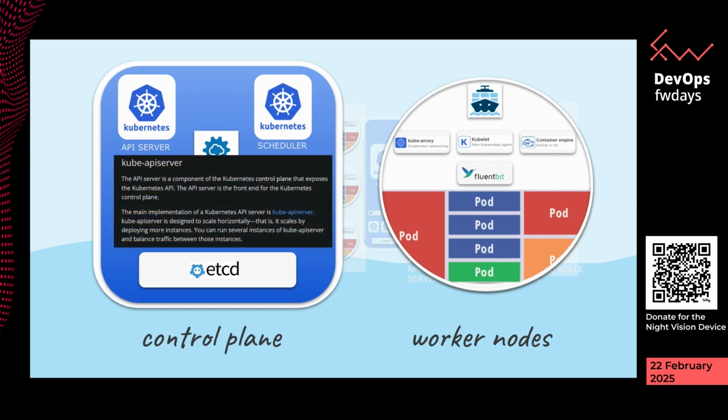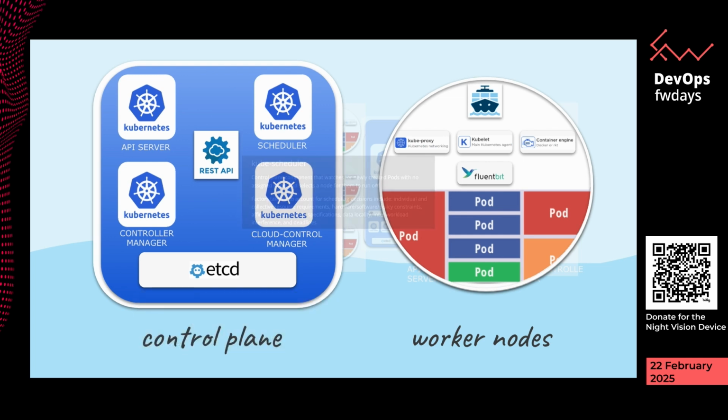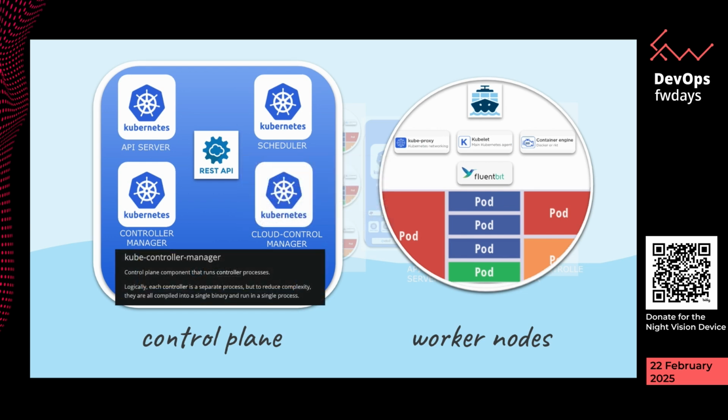Kube API server: the API server is the front end for the Kubernetes control plane. etcd: a highly available key-value store used for all cluster data. Kube scheduler watches for newly created pods with no assigned node and selects a node for them to run on. Kube controller manager runs controller processes.